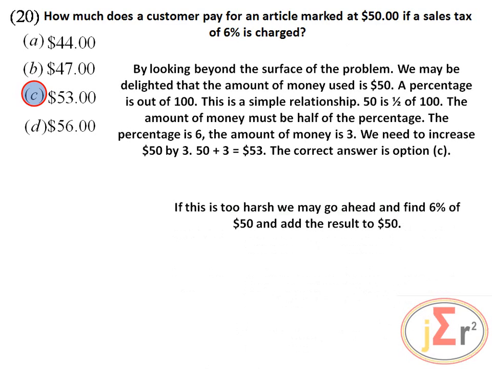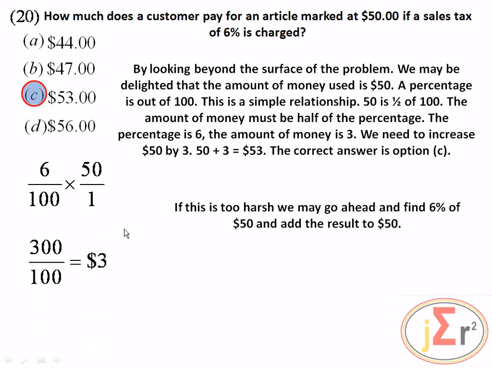If this is too harsh, we may go ahead and find 6% of 50 and add the result to 50. So 6 over 100, that is what 6% is, multiplied by 50. What happens? 6 multiplied by 50 is 300. 300 divided by 100 is equal to 3. Turns out to be $3.